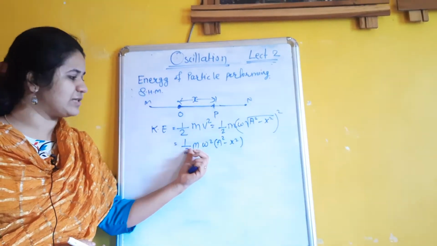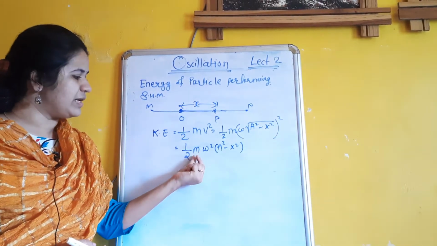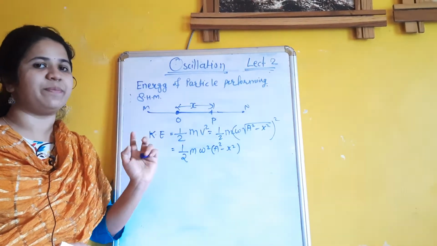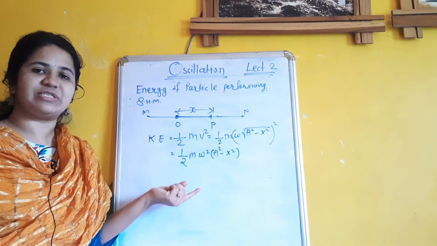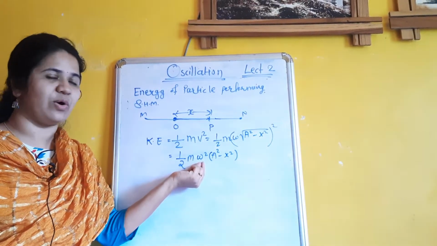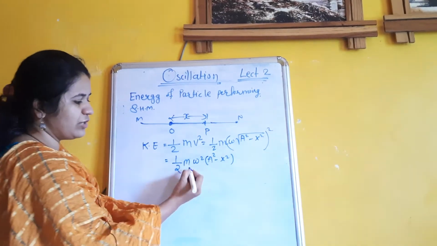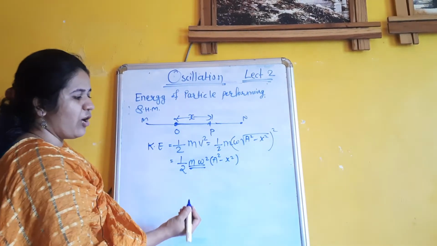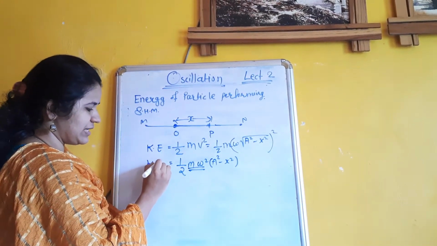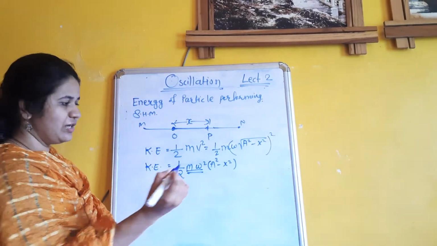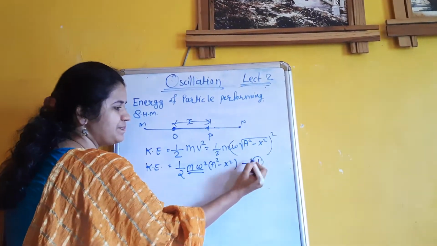Either you write this equation as it is, or instead of m omega square you can put the value of k, because omega is equal to the square root of k by m. This is the equation of kinetic energy, equation number 1.